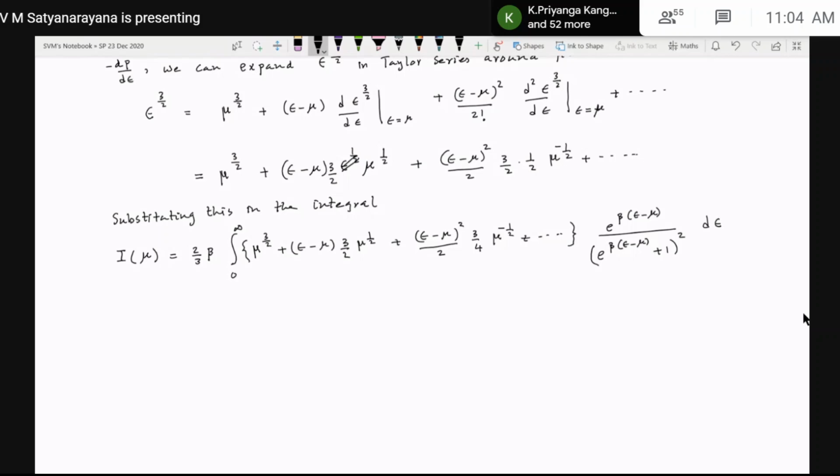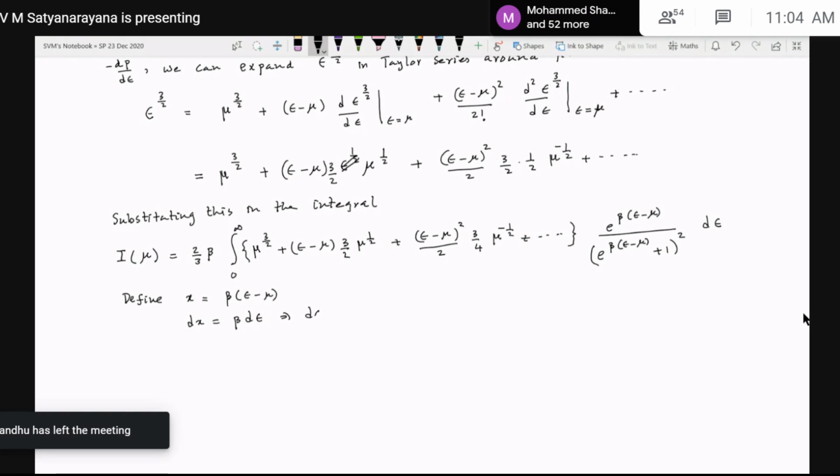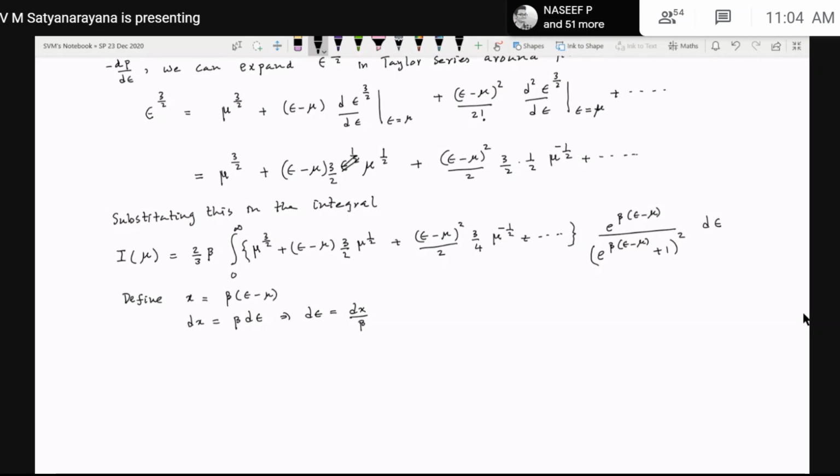Okay, so define some variable x which is equal to beta times epsilon minus mu, so that your dx is equal to beta times d epsilon, or your d epsilon can be written as dx by beta, and this implies your epsilon minus mu is basically x by beta, or kbt into x.